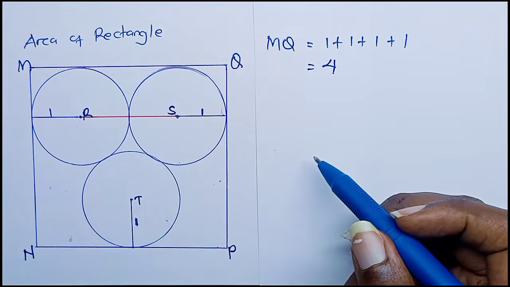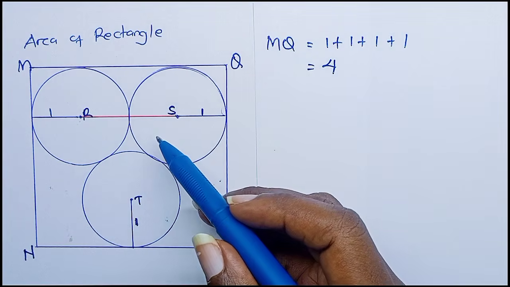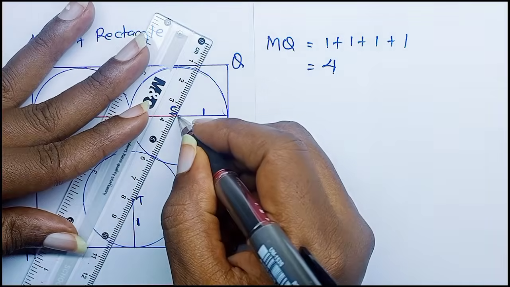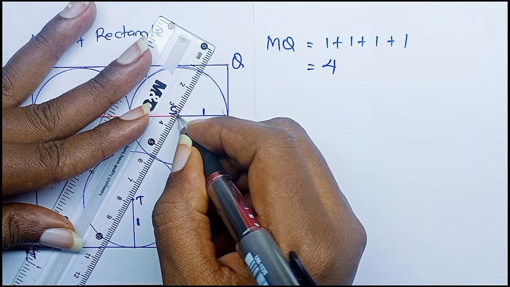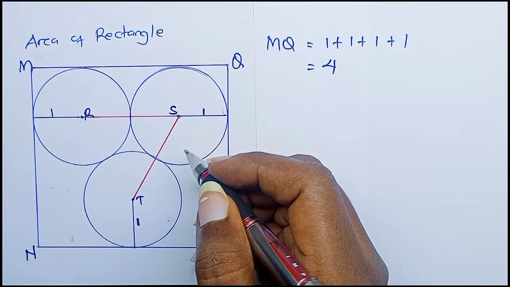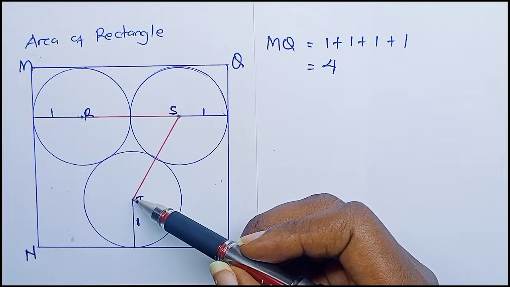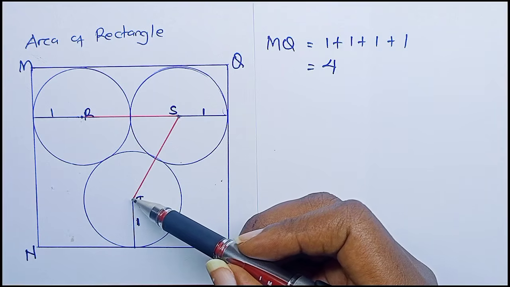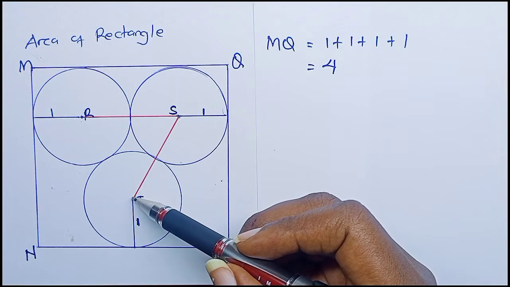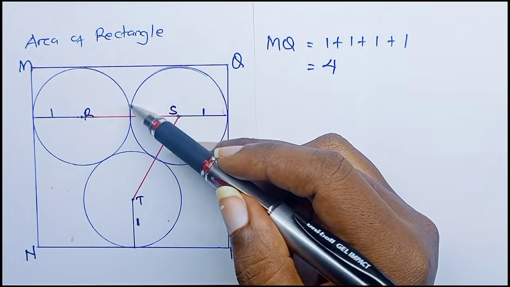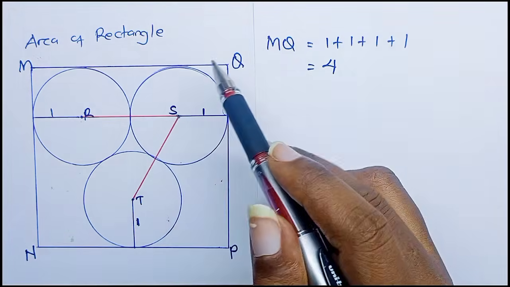Okay, so next let us connect center S to center T. Next, let us draw a perpendicular line from center T to line RS, and it continues all the way up to this line MQ.